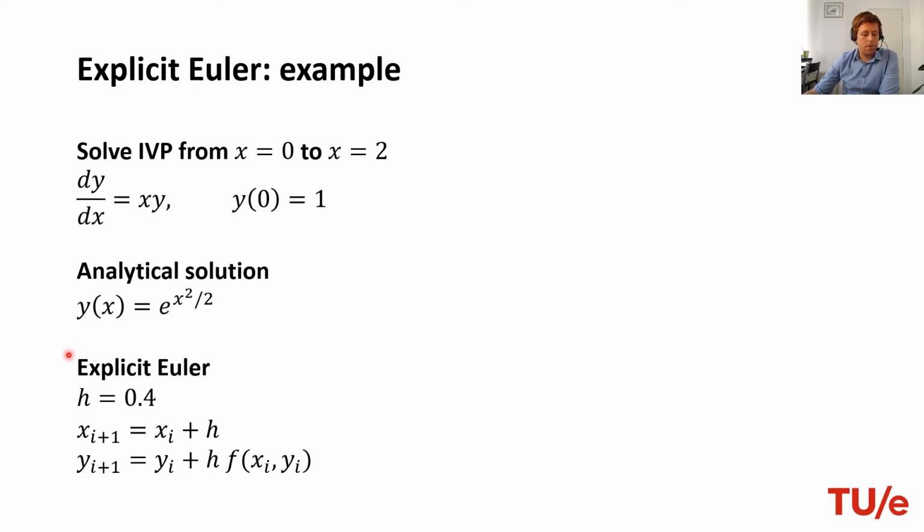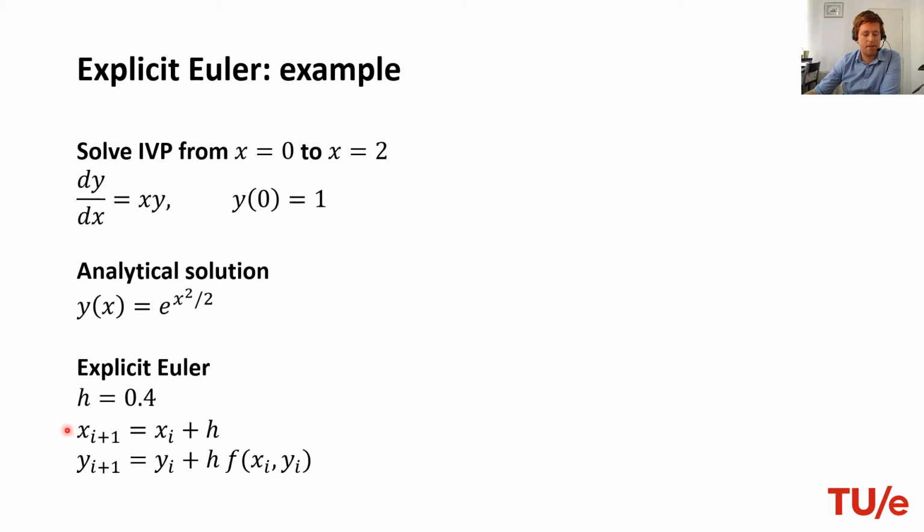So far, so good. Let's take a look at what happens when we try to solve this not analytically, but numerically using explicit Euler. Again we reiterate these formulas here.